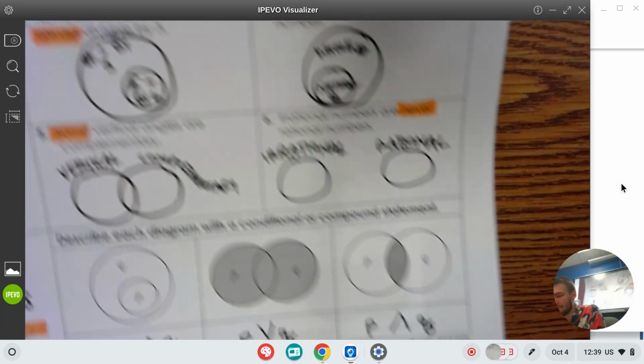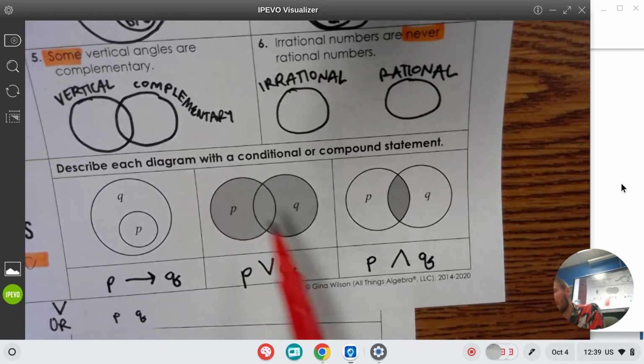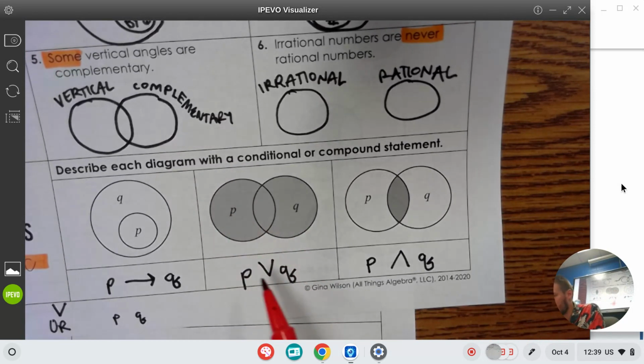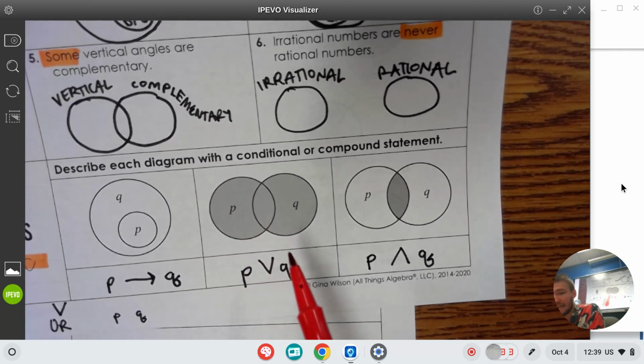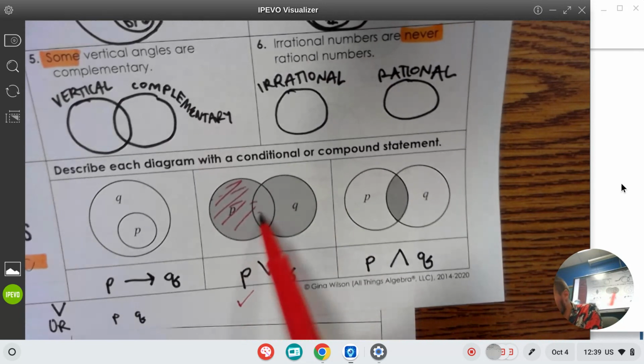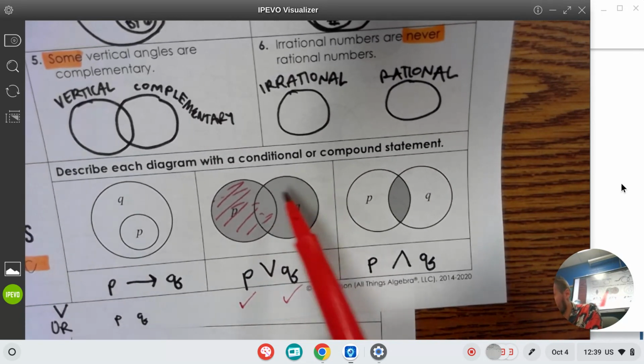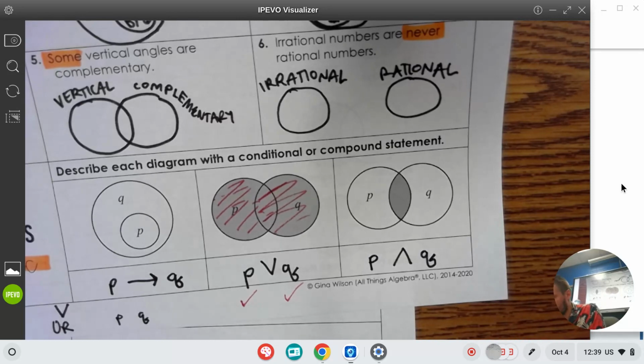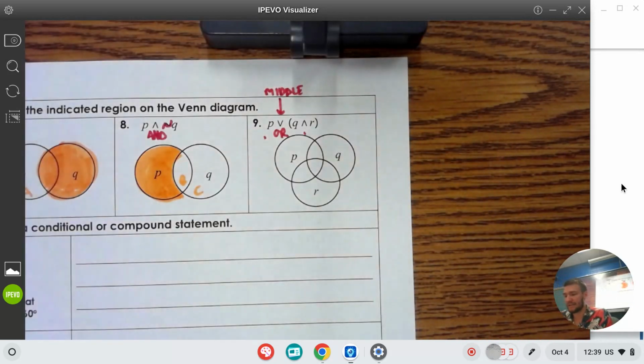The or symbol is the one where we're gonna end up coloring more because we're not as picky. As long as you satisfy the left, you get colored. As long as you satisfy the right, you get colored. So we can think about these separately, okay? We don't have to wait and establish the right side and the left side and make sure they're both true. As long as one of them's true, we're gonna be okay.